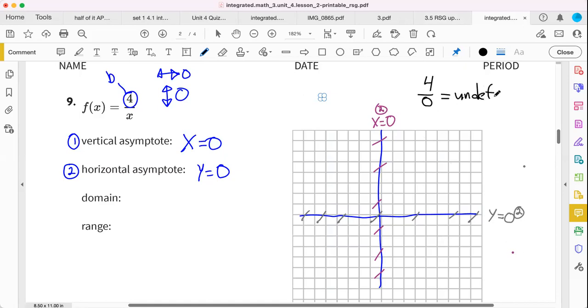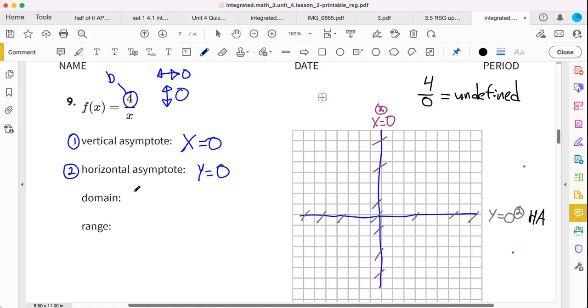So we want to avoid that at all costs. We also want to avoid where y equals 0 with our horizontal asymptote, because there's no way we can get this function to equal 0. That would only happen if we were working with the numerator, but it's consistently 4, so that's not happening.